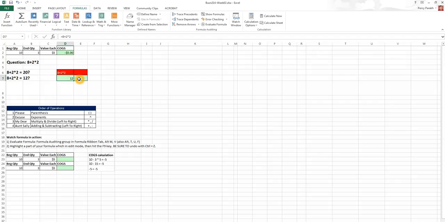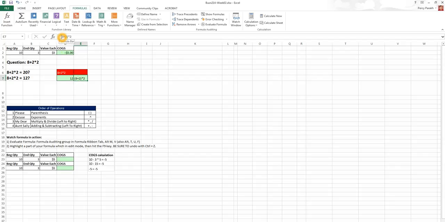But if I click over here and I do open parentheses 8 plus 2 close parentheses times 2, and I click on the check mark. Oh, I forgot to begin this with an equal sign.